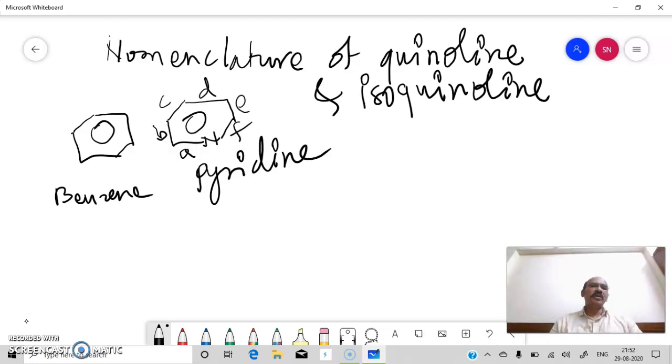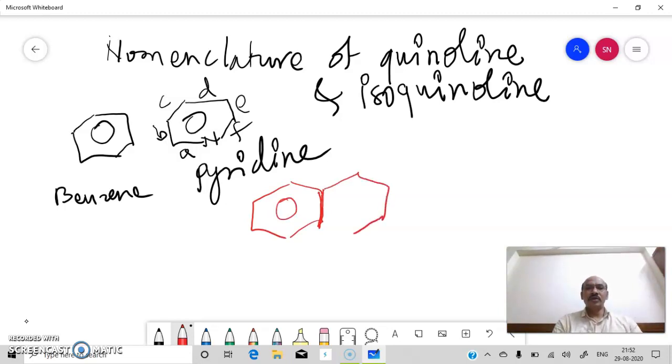So, for the fusion with benzene ring, here I am drawing, suppose, fusion site. Here there is a 6-membered structure, benzene, and here also a 6-membered structure, and these two carbons are common carbons.